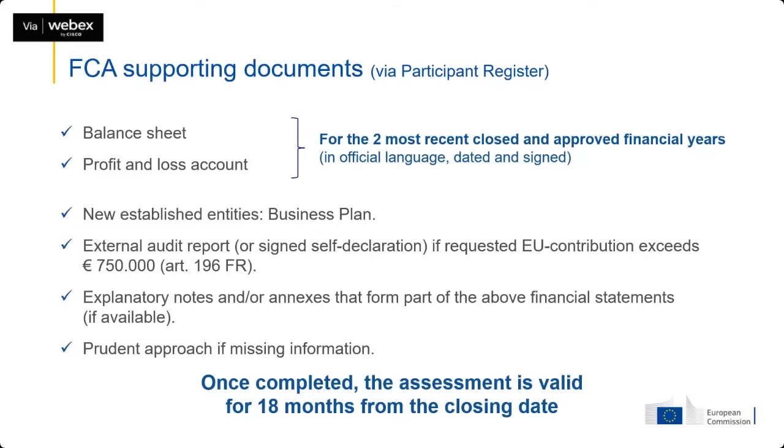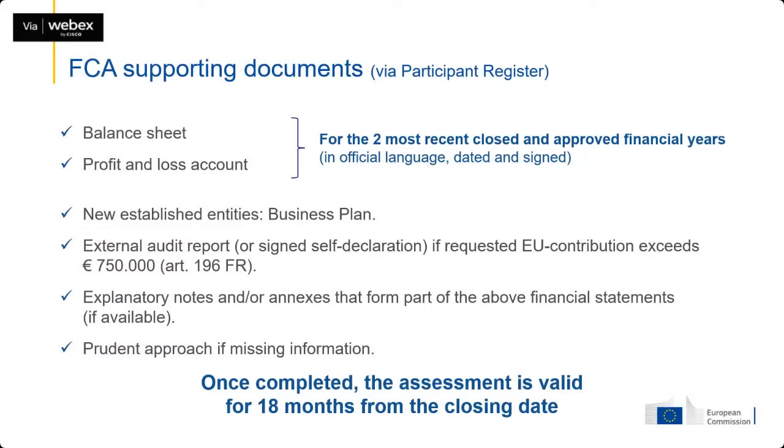And also very important to provide explanatory notes on the accounts, because there is sometimes some missing information in the balance sheet and the profit and loss that is included in the explanatory notes, such as the maturity, for instance, or the nature of some debts or some receivables.